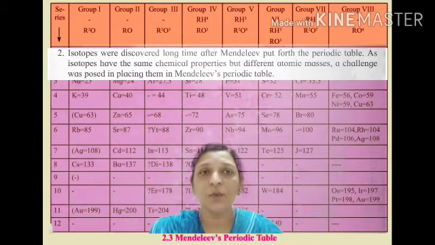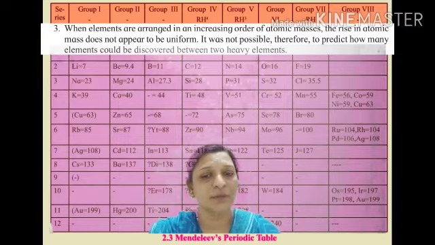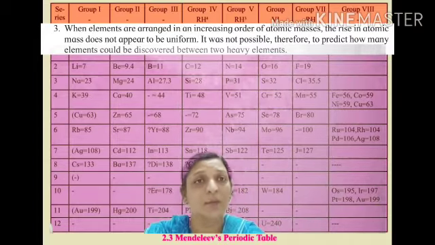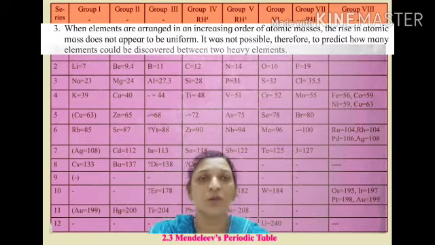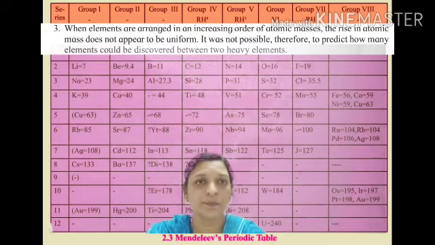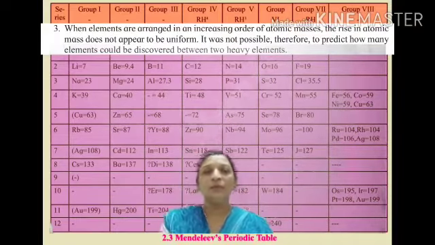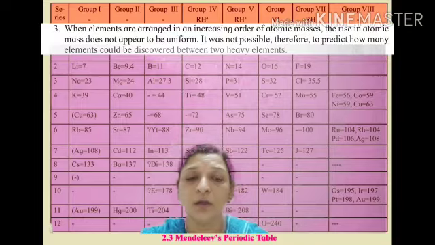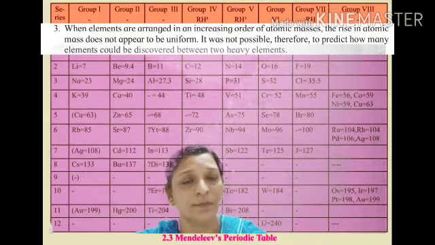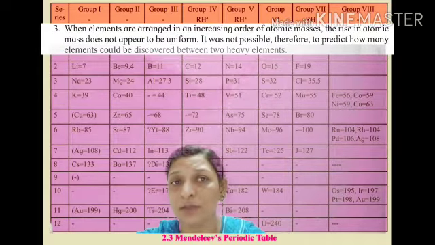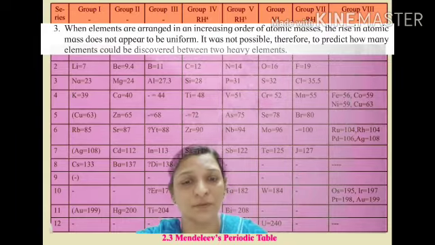The third important demerit of Mendeleev's periodic table. As elements are placed in the increasing order of atomic masses, there should be the uniformity in the arrangement of atomic masses, but it was not observed.